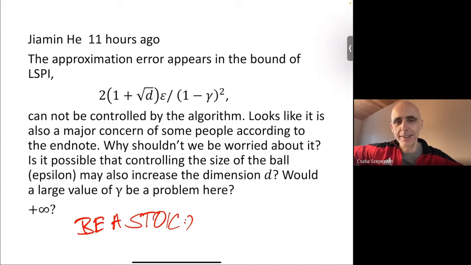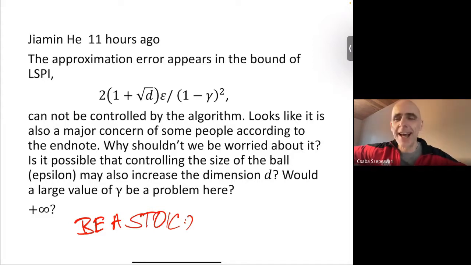So features, if you need to control extrapolation errors, are not free for any procedure.